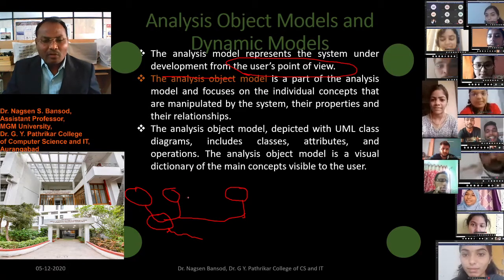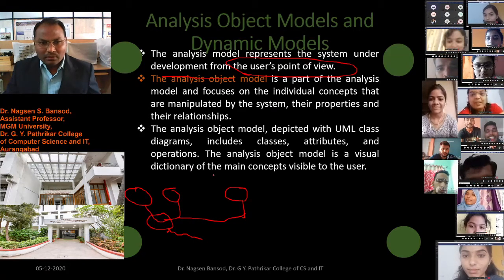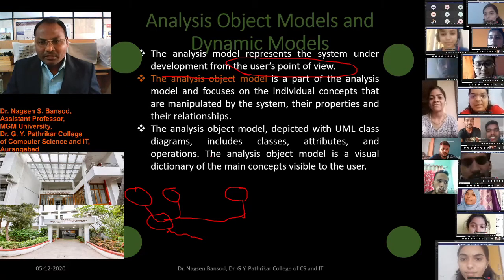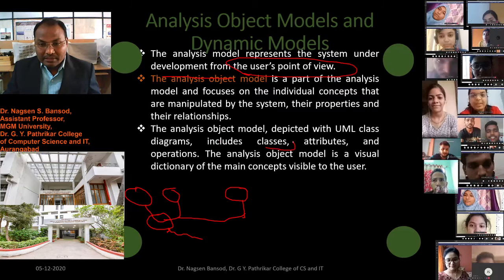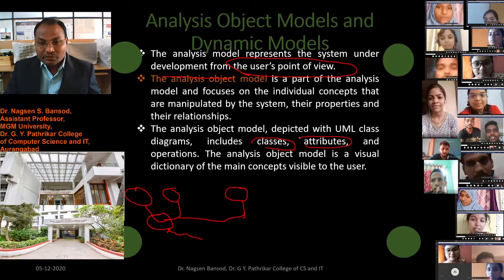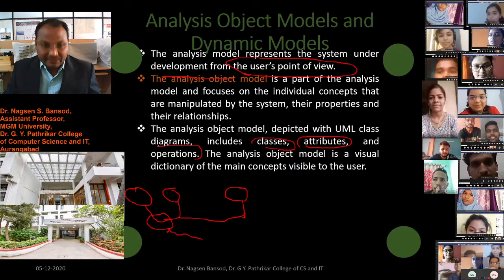These are the parts of the analysis model. The analysis object model is depicted with a UML class diagram, including classes, attributes and operations.